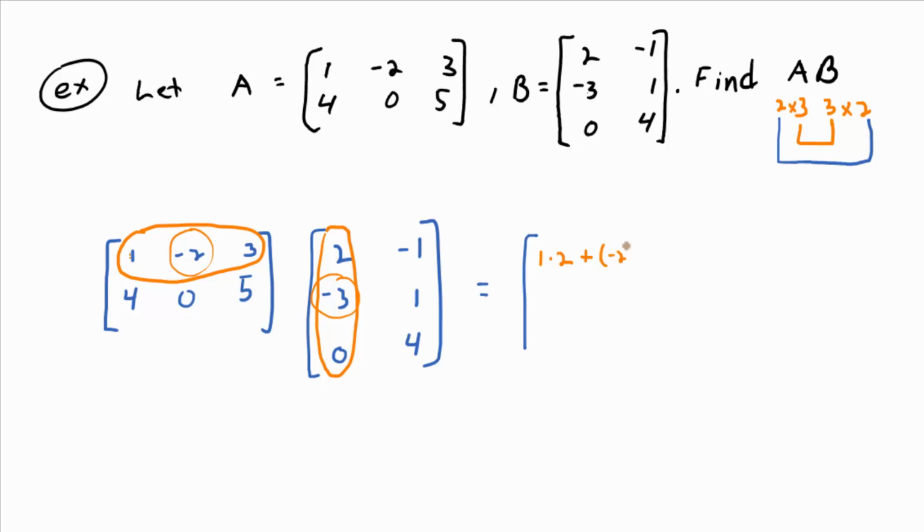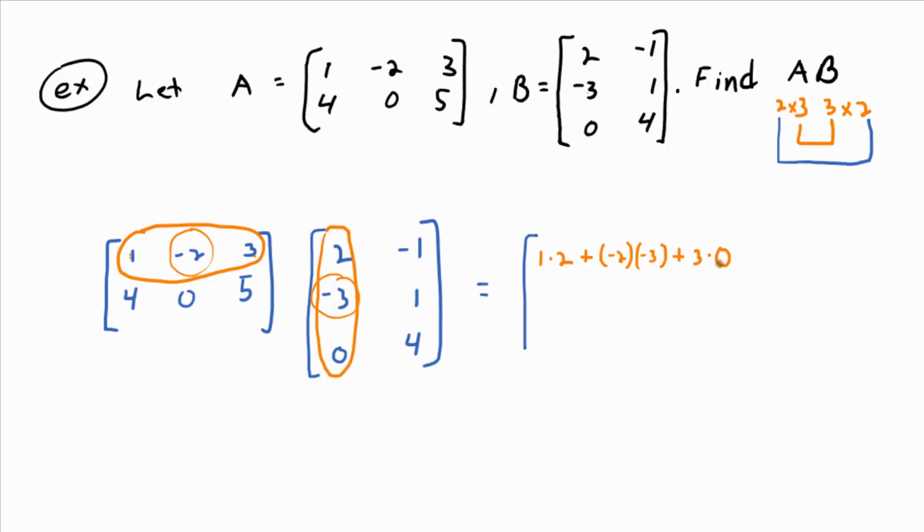And then the next one, 3 times 0. Normally you would just say 0, but since it's the first example, I'm showing it. I might not show it for the rest of the entries, but I wanted to show it for at least one of them. That's the upper left-hand entry.